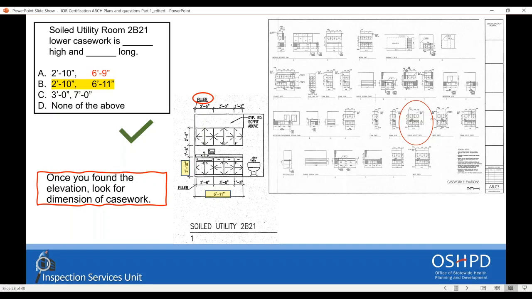Most people will feel tempted to say that is the answer. The answer is wrong because you need to consider the filler, because that is the continuation of the casework. So the right answer is 6 feet 11 inches. That was easy, right? Any questions?